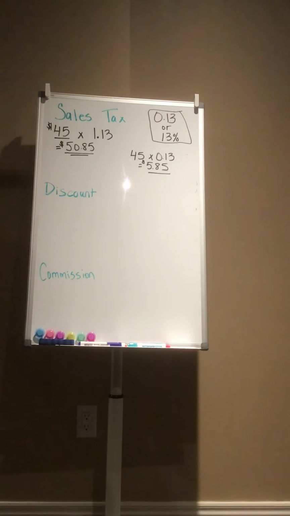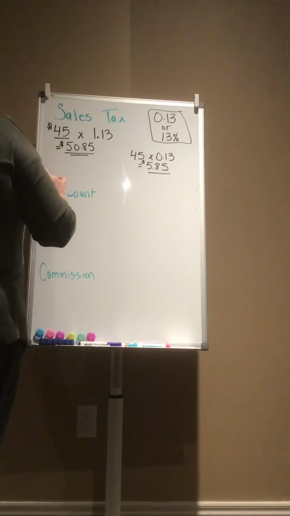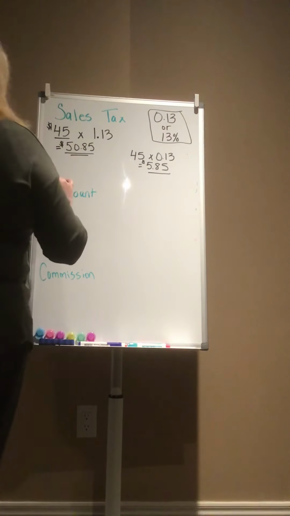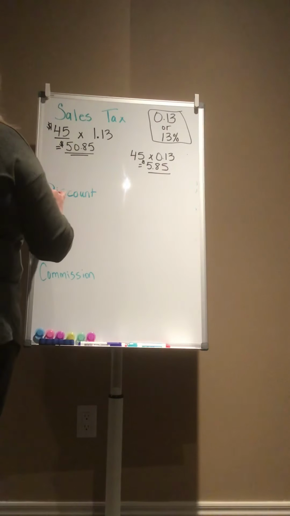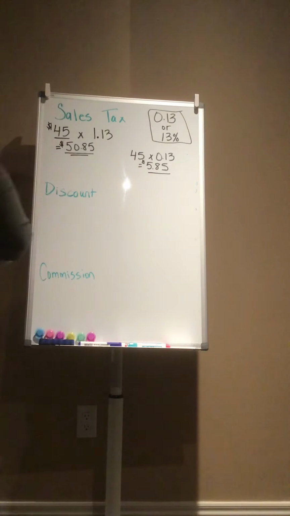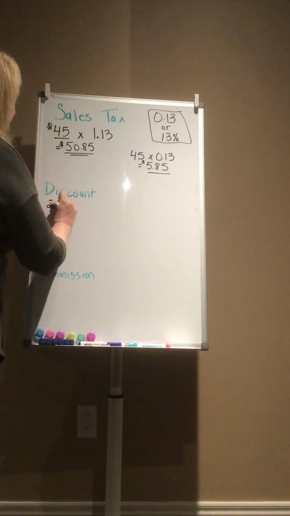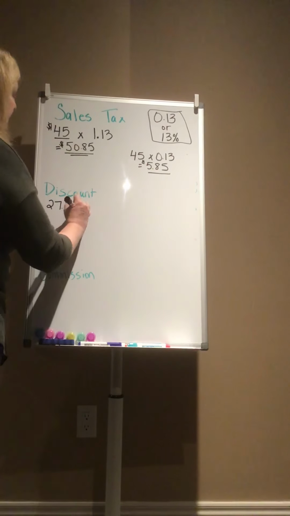Next, if we look at a discount, again, we have to look at the discount a little bit backwards. So, for example, I'm looking at the video game question, and it tells us we have a video game and the regular price is $27.99.